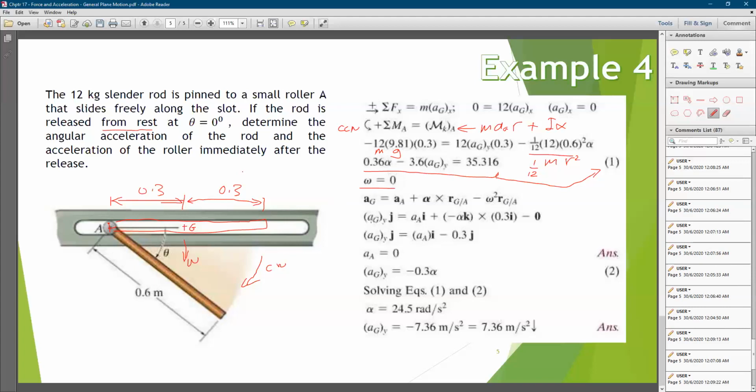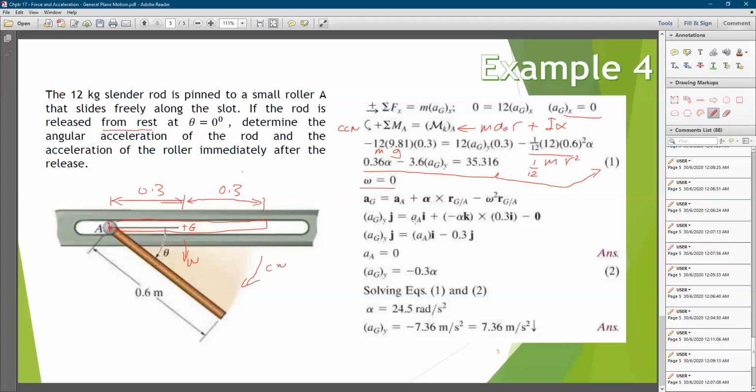Now we can plug in all the values that we have. For AG, we only have an expression in the y direction, because we already proved that the acceleration of G in the x direction is equal to 0, so we are only left with the j direction.